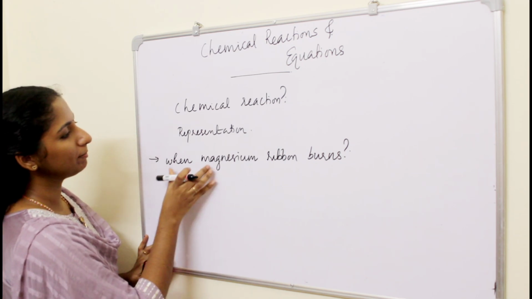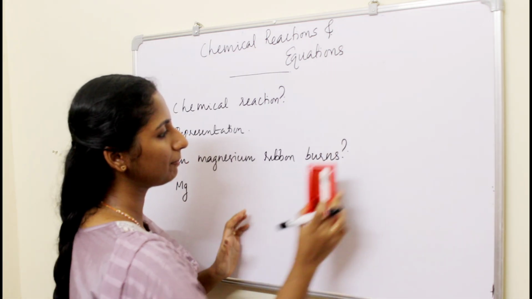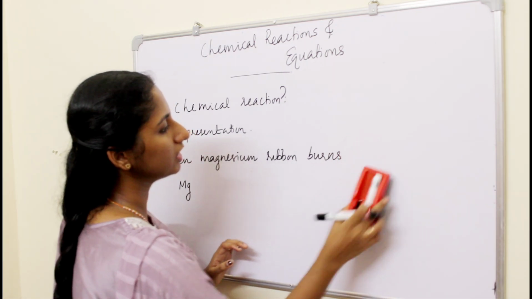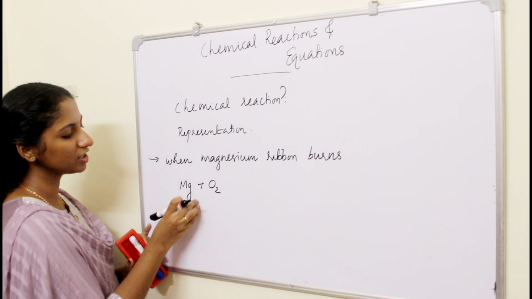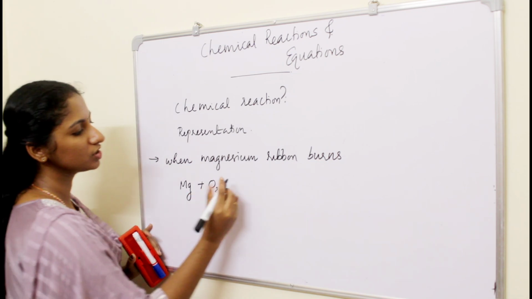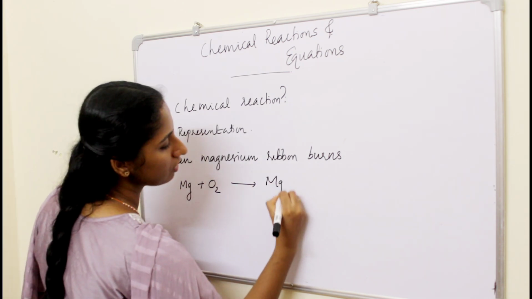When magnesium ribbon burns in air, what is happening? It is reacting with oxygen, right? Magnesium is reacting with oxygen and as an ash we are getting magnesium oxide.